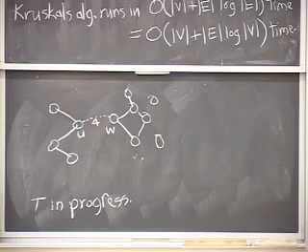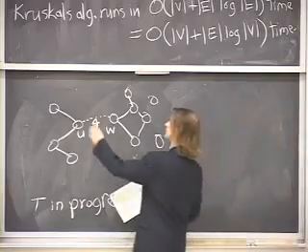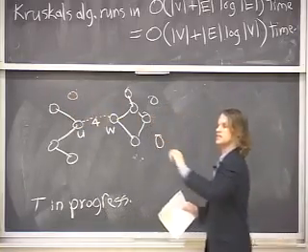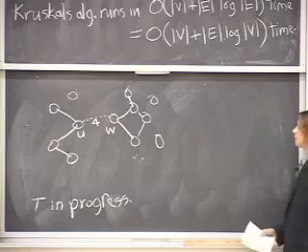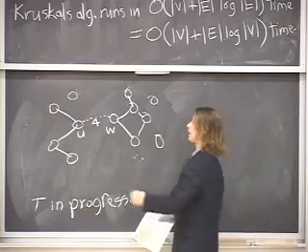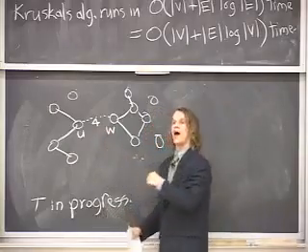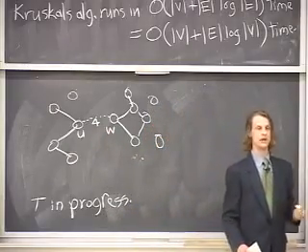Well, I want to define two separate sets of vertices. So I've got this big set of vertices. I want to divide it into two separate sets. There will be a set that I'll call capital U. And capital U includes little u and all of the vertices that are connected to it by paths.